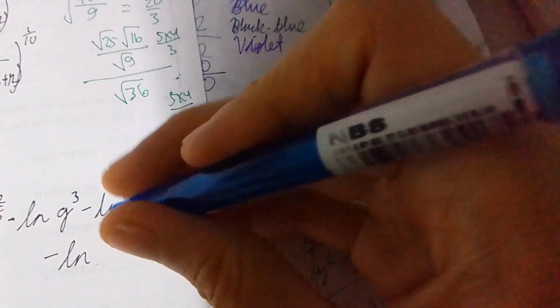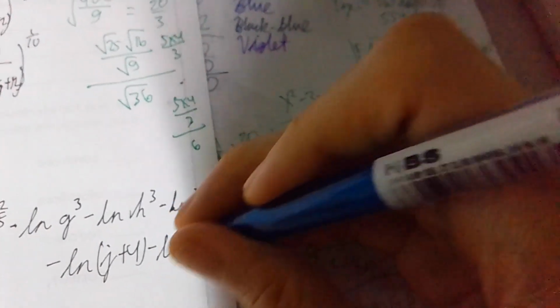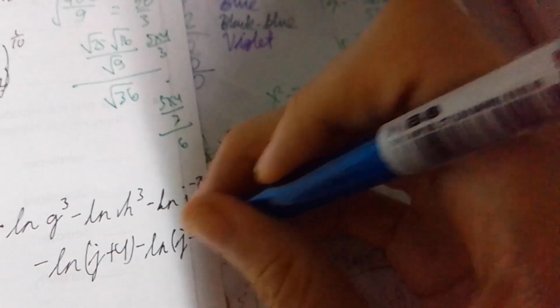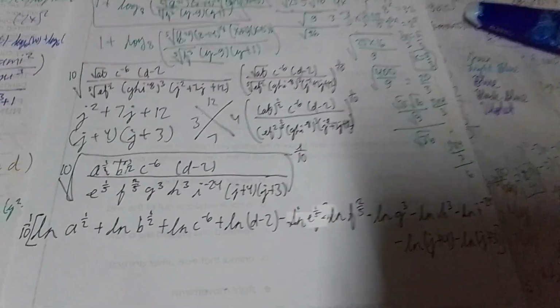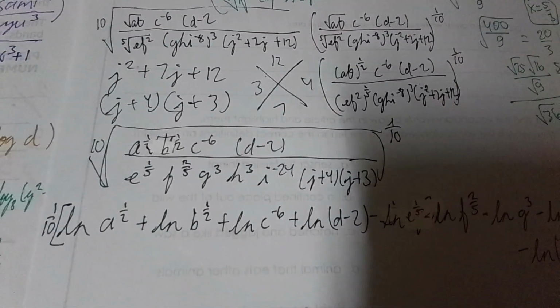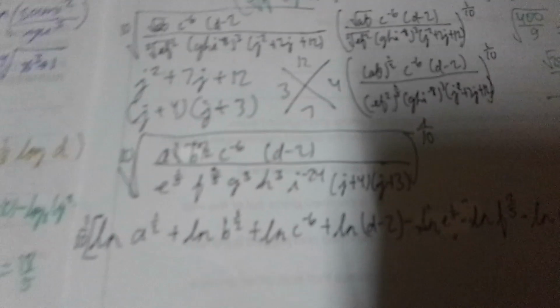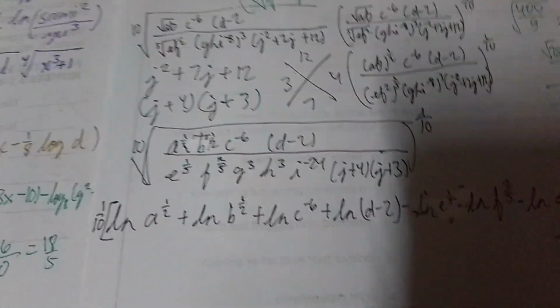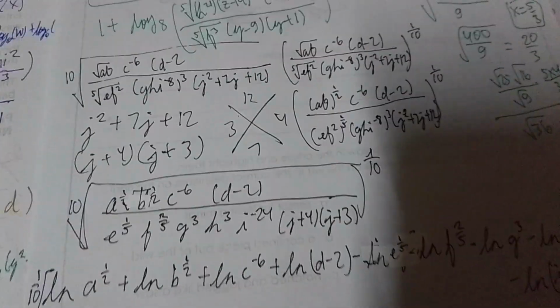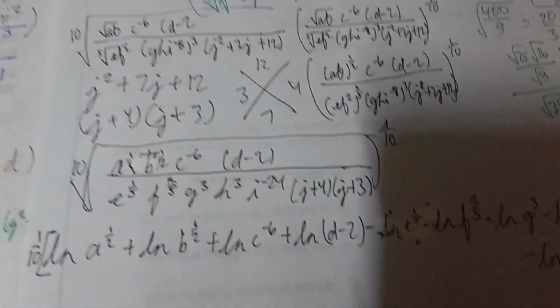And then minus ln of J plus 4 minus ln of J plus 3. Yun, diba? And they're all in brackets. So, remember, that's how we simplify this. And don't forget, we still have that 1/10 there. So what are we gonna do about that 1/10? Very good. I-distribute. Yes, very good.